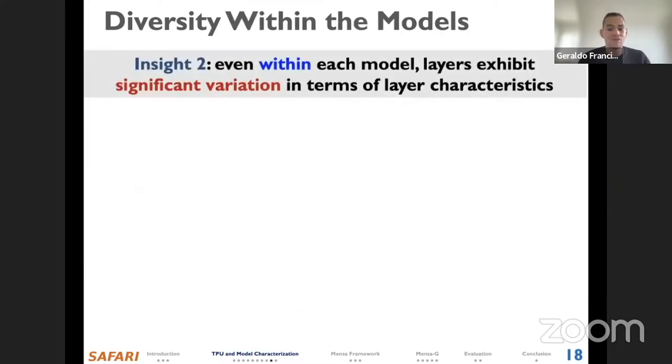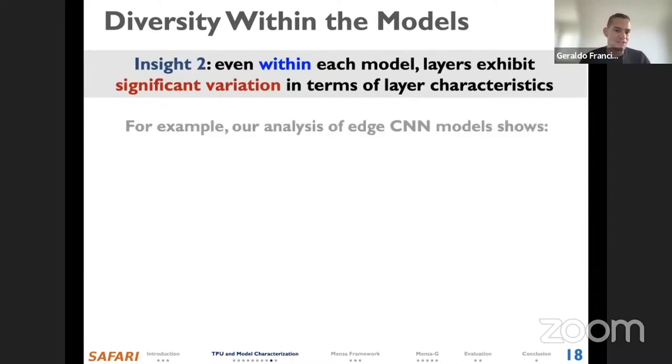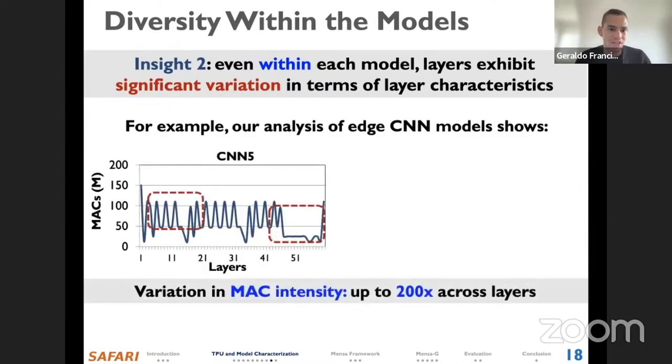Second, even within a single model, layers show quite a large variation in terms of characteristics. So, for example, we take a CNN as an example here, and we see across different layers in the x-axis how the number of MAC, multiply and accumulate, operations varies for those different layers.